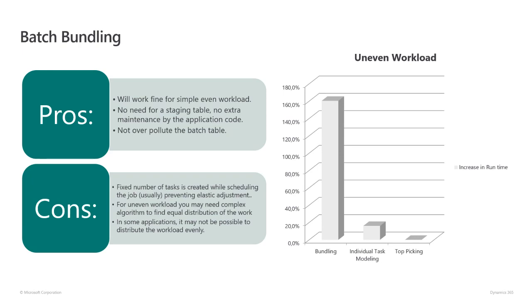So for uneven workload, you may need to create a complex algorithm to find equal distribution of the work, and that can be quite a complex activity. In some applications, it might even be almost impossible to distribute the workload evenly.